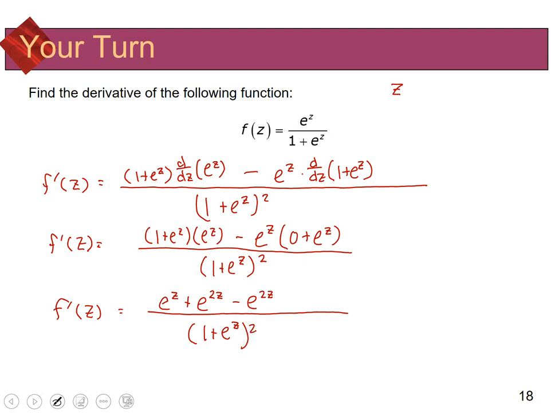And I can see I have a positive e to the 2z and a minus e to the 2z, so those would cancel. And my final answer would be e to the z over 1 plus e to the z squared.